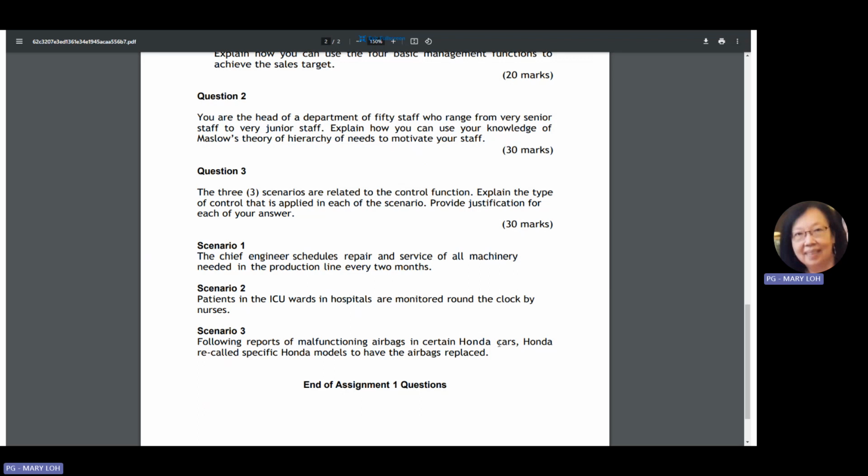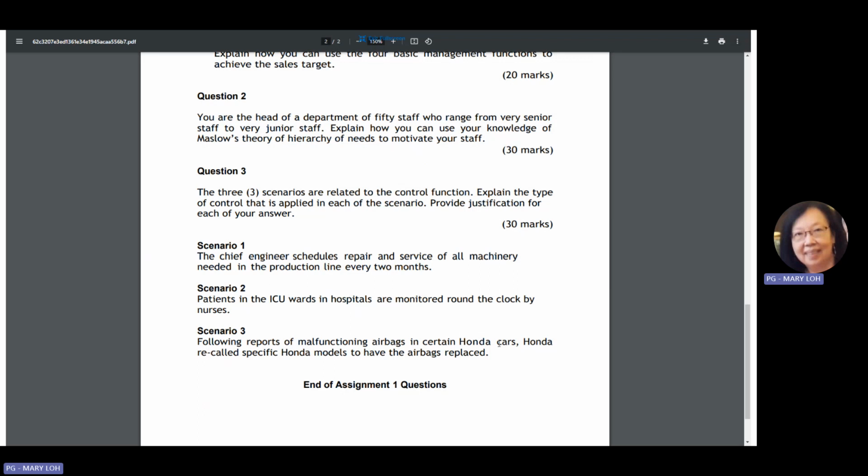Okay. And second scenario is patients in the ICU. ICU is intensive care unit. That means normally after operation, you know, sometimes you have people who are in an accident, and they are in critical conditions.